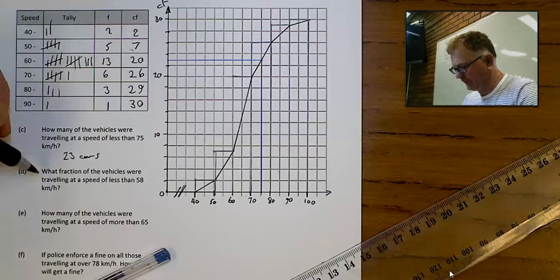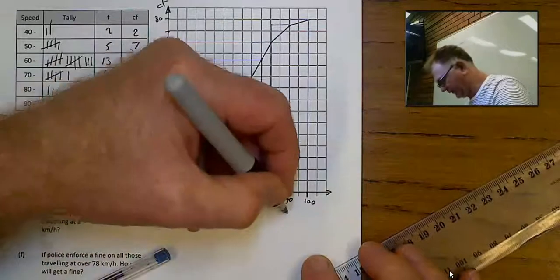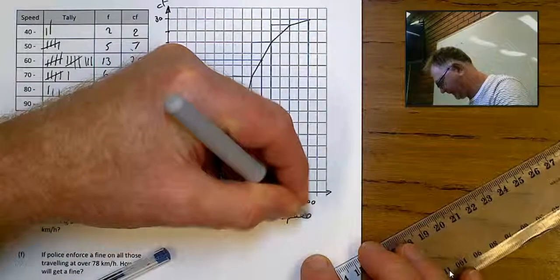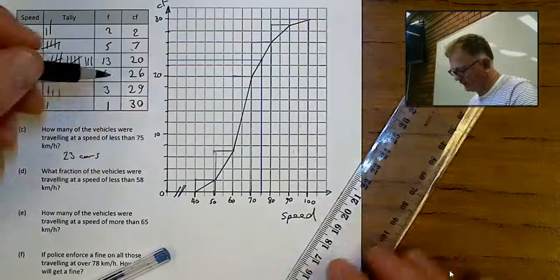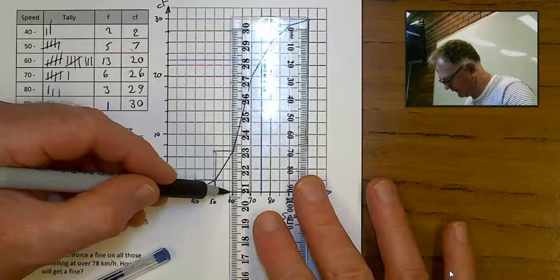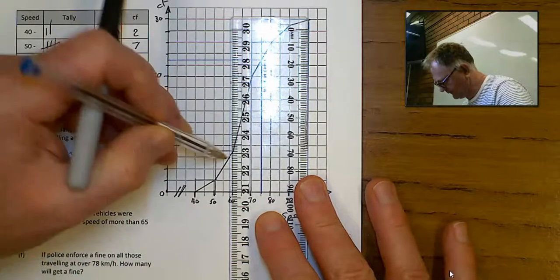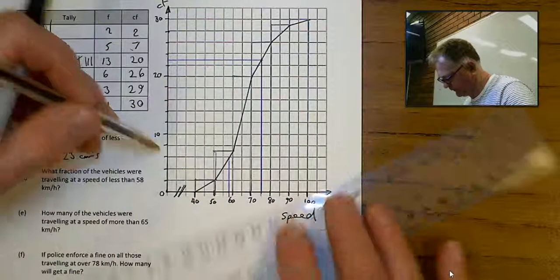What fraction of the vehicles had a speed of less than 58? So let's find 58 here. We probably should label the speeds here. Up to my graph and along.